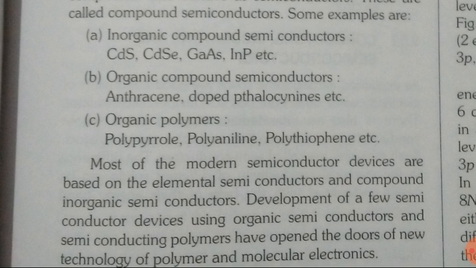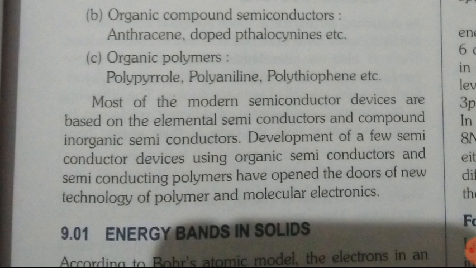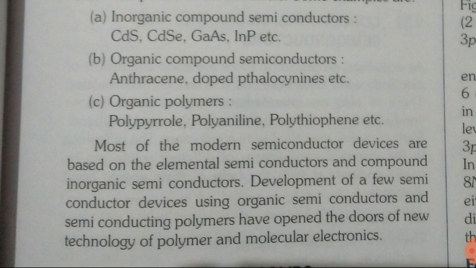Okay, so first category is inorganic compound. In inorganic compound we have cadmium sulfur, CdS, then CdSe, then gallium arsenide, then InP. Okay, these, when mixed in a particular ratio, behave like a semiconductor. Then we have organic compounds.